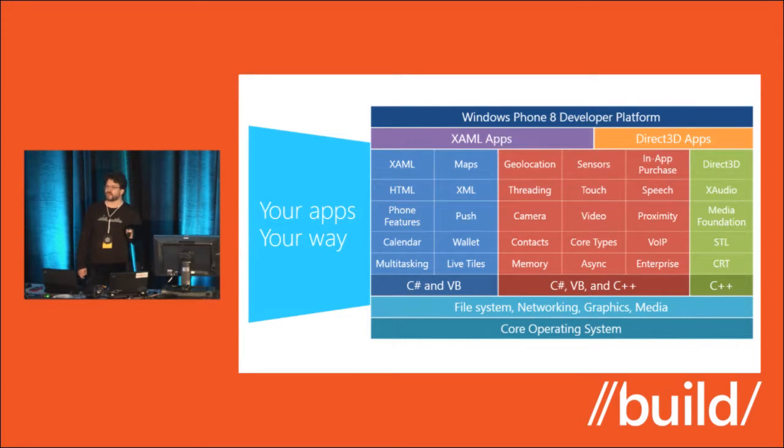There's a lot of overlap here in terms of a common Windows Runtime API that we've adopted from Windows 8. And then we have our developer stack, and you can code there in C++. And all of this lying, once again, on top of a shared core. So this platform in terms of Windows Phone 8 will give you the power and the flexibility to build your apps your way.